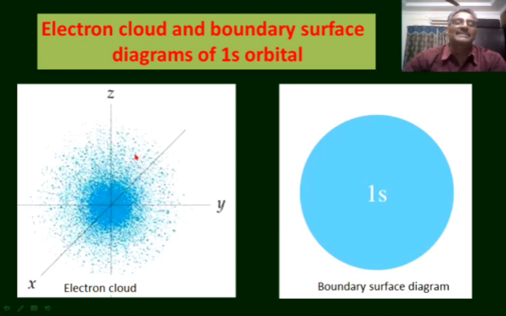If electron density is more, we can assume that the probability of finding the electron is more at that region. By observing this figure, you can understand that the probability of finding the electron gradually decreases as we move away from the nucleus. But it is not the actual situation.